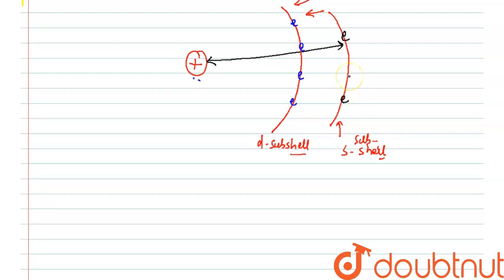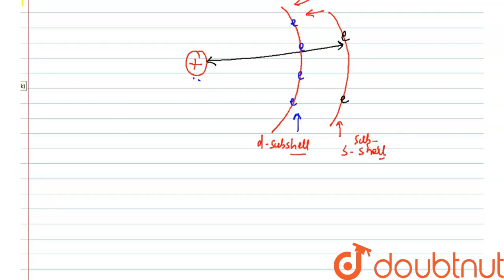And due to this reason, the size gets larger. The inner shell electrons protect the valence electrons from the nuclear force. This means that they are shielding them. So this is the entire shielding effect.